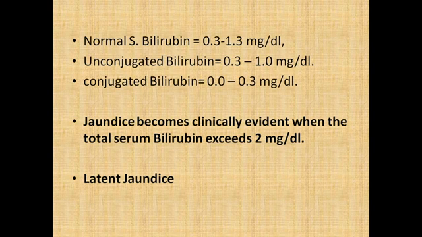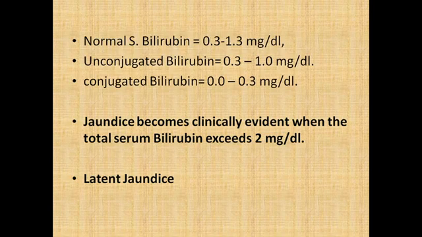serum bilirubin. And jaundice becomes clinically evident when the total serum bilirubin value exceeds 2 milligram per deciliter. See, normal serum bilirubin upper value is 1.3 milligram per deciliter. Up to 1.3 milligram per deciliter, it is normal serum bilirubin. And when serum bilirubin exceeds 2 milligram per dl, we can see clinical evidence of jaundice.